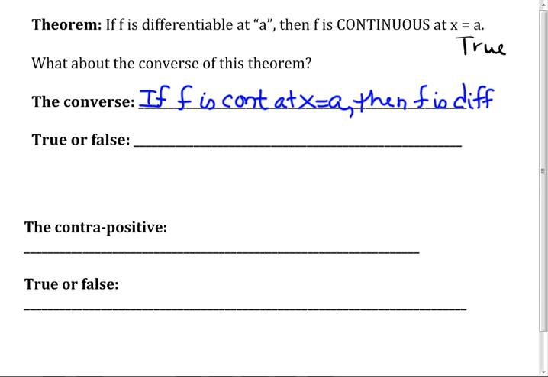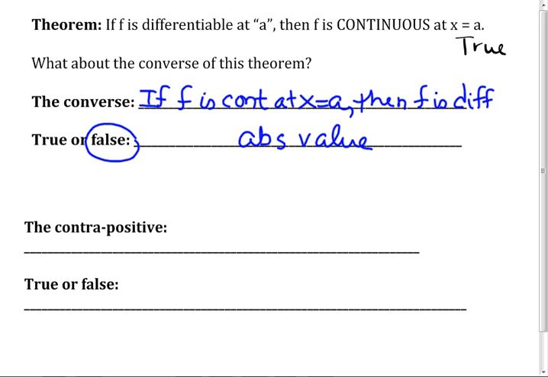Is that true? If you have a continuous function, must it be differentiable? That's false. Give me an example. We just did one. Absolute value. So if the theorem is true, its reverse or its converse need not be true. It might be true, but there's no guarantee.